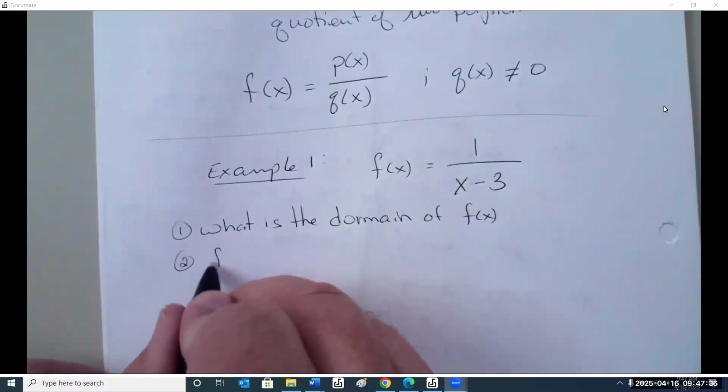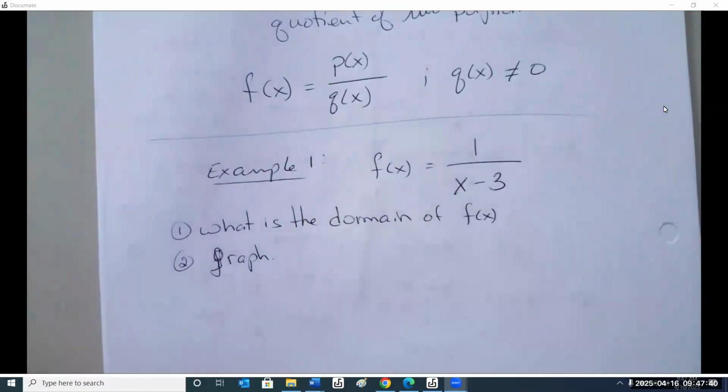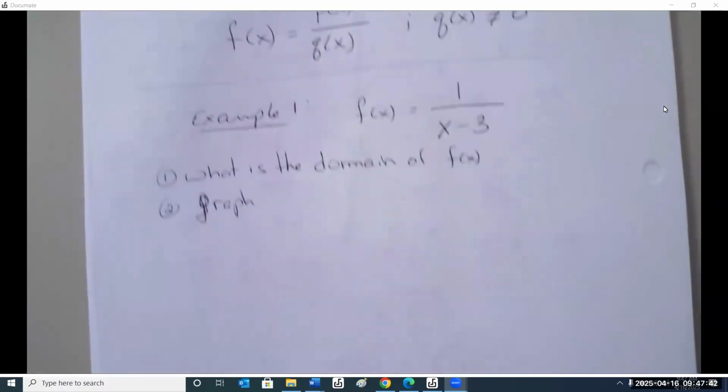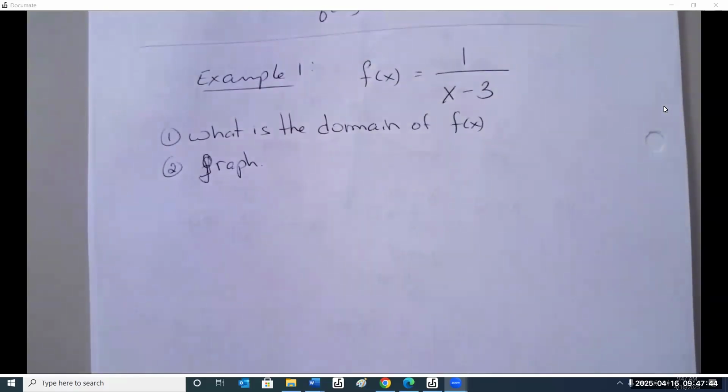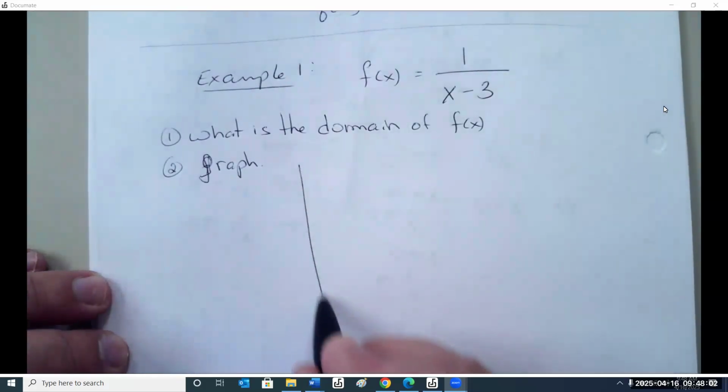And then graph it. So what's this graph going to look like? Let's do the graph first, and then we look at the domain.